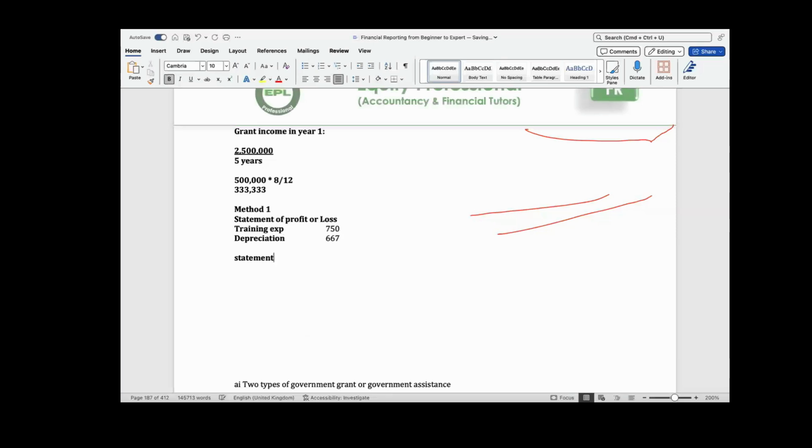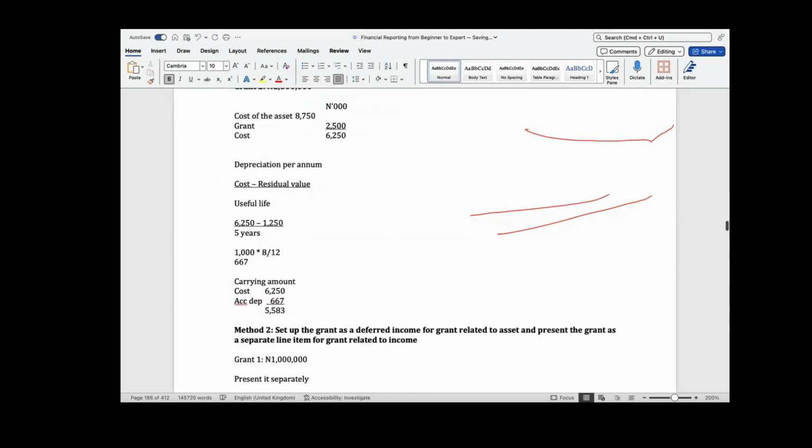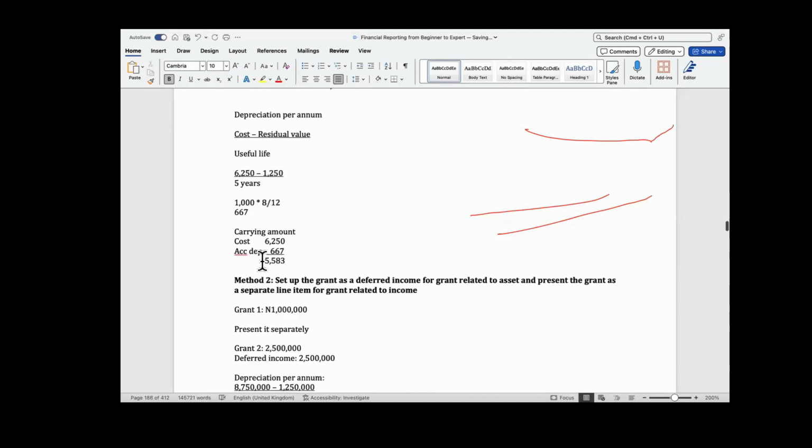Then my statement of financial position, under non-current assets, I will have my plants and the carrying amount from method 1. What is the carrying amount from method 1? This one, 5583.